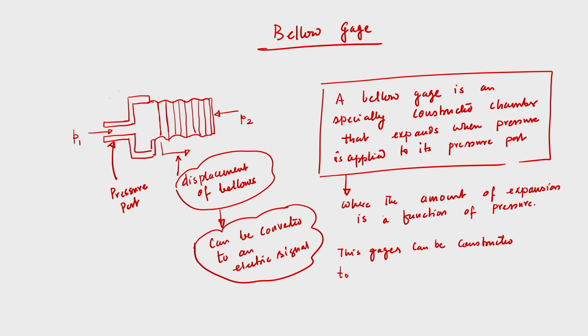That means the constructional feature of this gauge will allow expansion of a system, and by measuring the expansion of the system and converting that measurement into an electric signal, we can measure the gauge pressure.